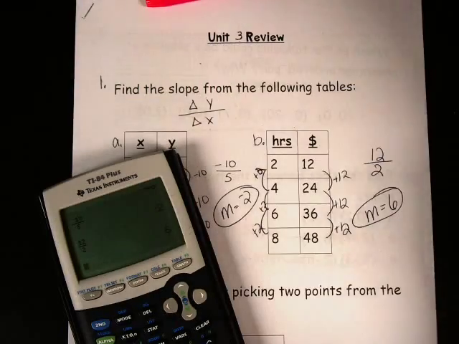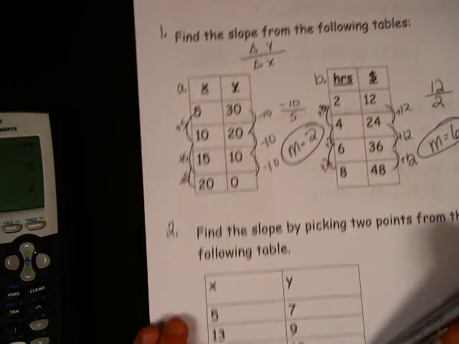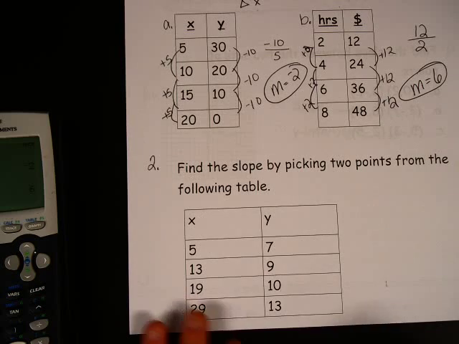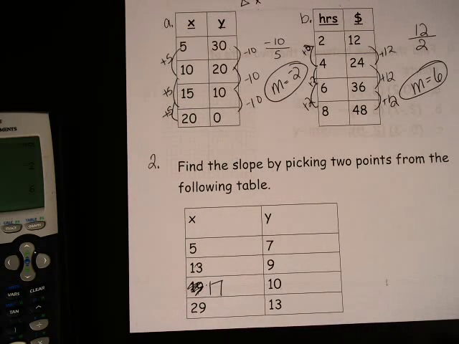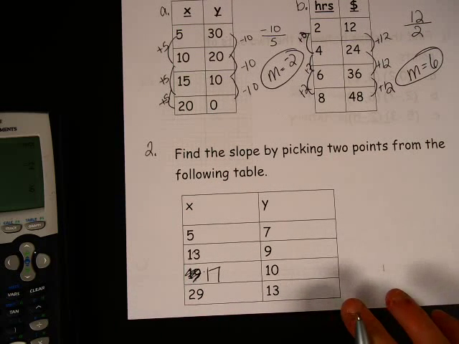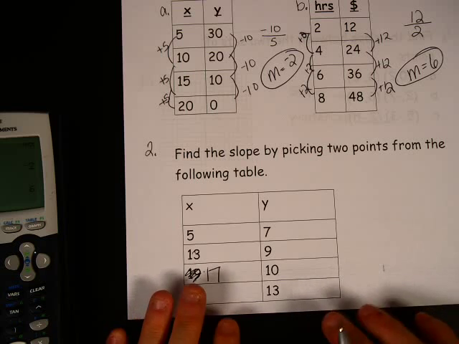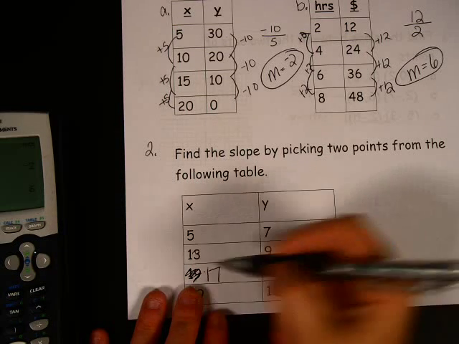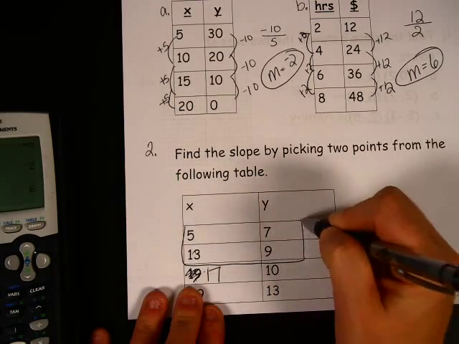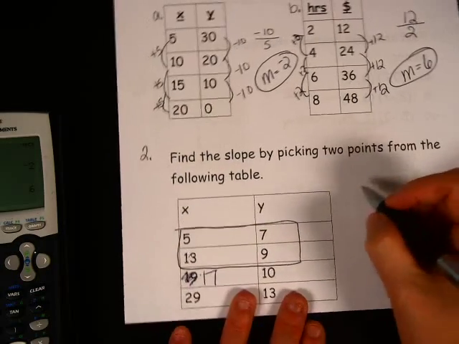Okay. Next one. Pick 2 points, and I didn't say this before, I should have, this needs to change to 17 for it to be constant. So I apologize, but that's okay. I'm still going to pick 2 random points, and I'm going to do my point formula.